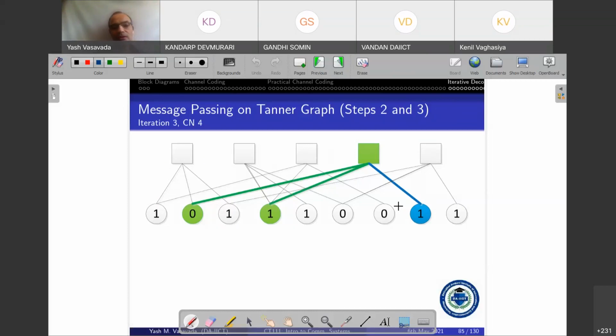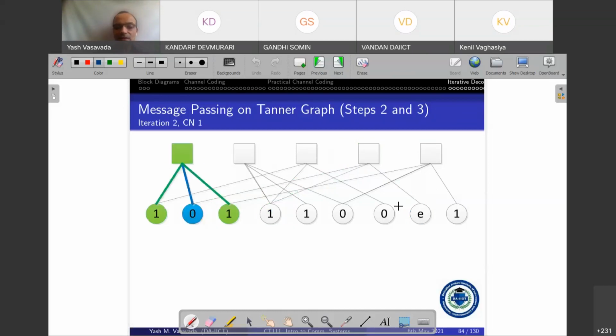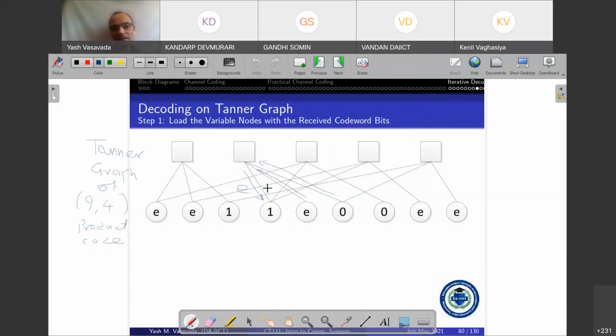Very important that you note that I didn't describe how the message passing is happening from each VN to each CN for all the iterations. I just took some selected examples. But when you implement the algorithm in MATLAB, and by the way, this is going to be your final project where you will implement this message passing algorithm on a ternary graph, your algorithm will actually have to do everything.